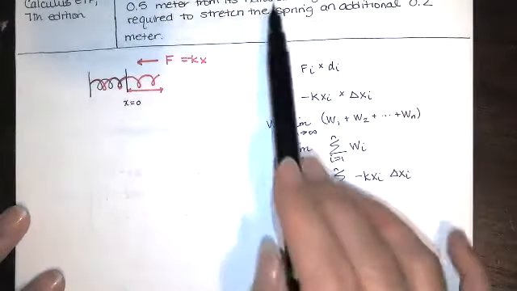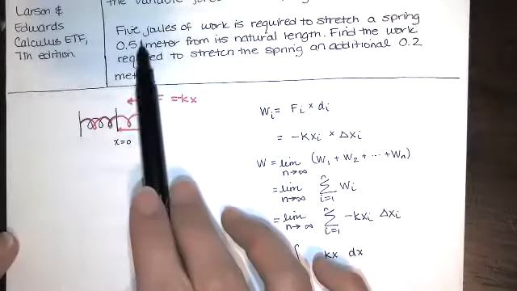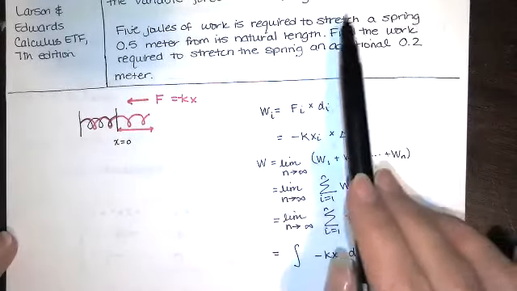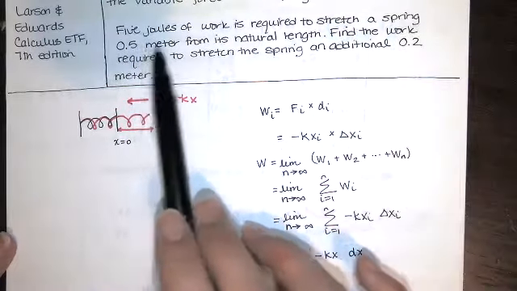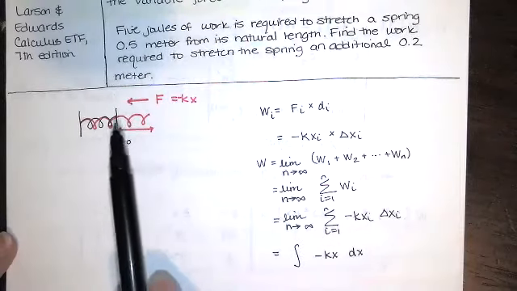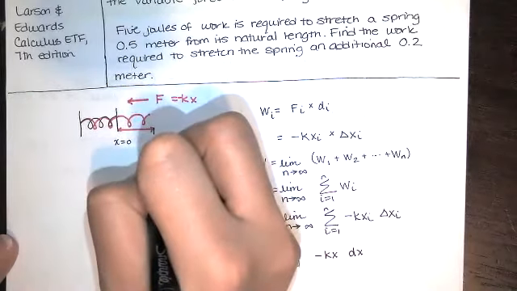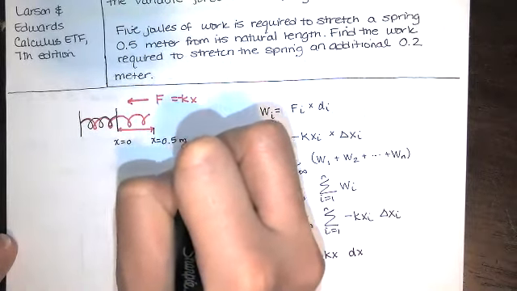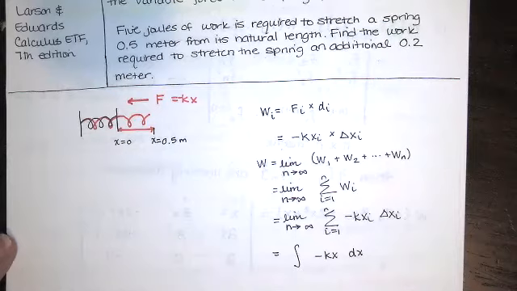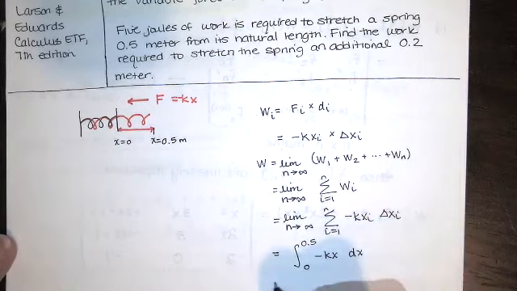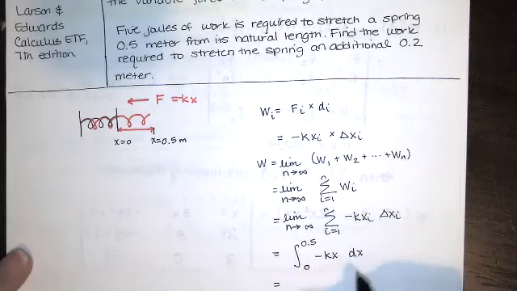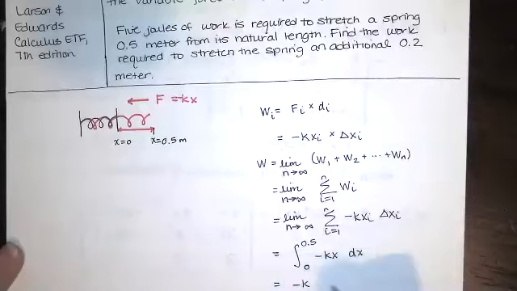Now let's look at what the problem statement says. It says 5 joules of work is required to stretch a spring 0.5 meters from its natural length. So its natural length is x equals 0, and then we're going to stretch it to x equals 0.5 meter. So we're going to integrate from 0 to 0.5. Anti-differentiating with respect to x, we get x squared over 2 times that negative k.